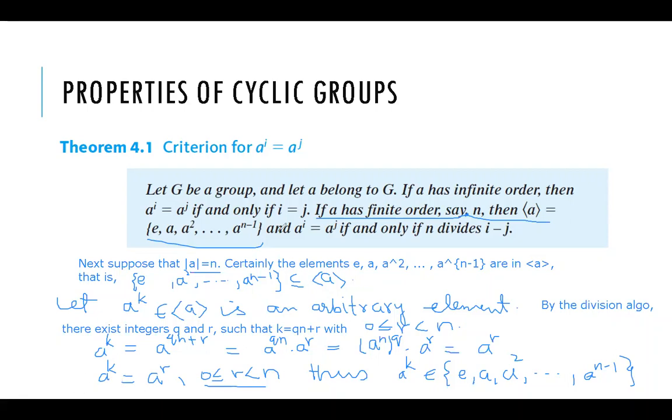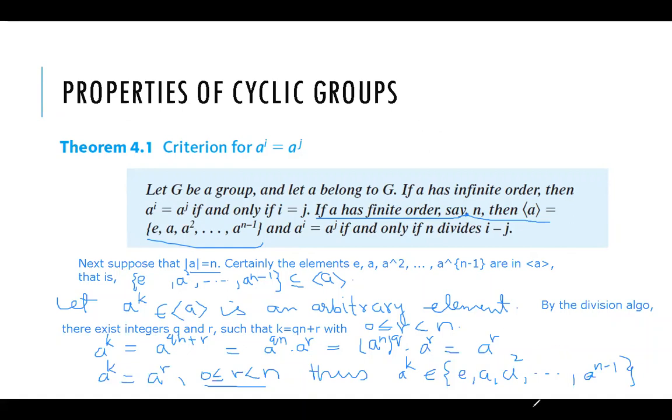Now this is the other side. That is, we have taken an arbitrary element from this subgroup, and it belongs to this set. Hence, both the inclusions are true, and therefore these two sets are equal. So it is proved.